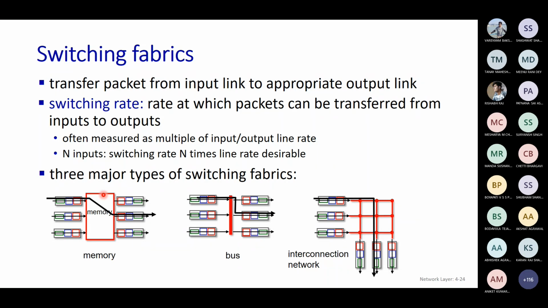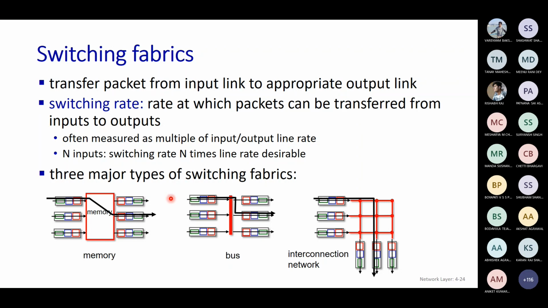It is basically that you would just connect a computer in between different input ports and output ports. Whatever memory it is having, the bandwidth of that memory was being used for transferring data from the corresponding input port to the corresponding output.